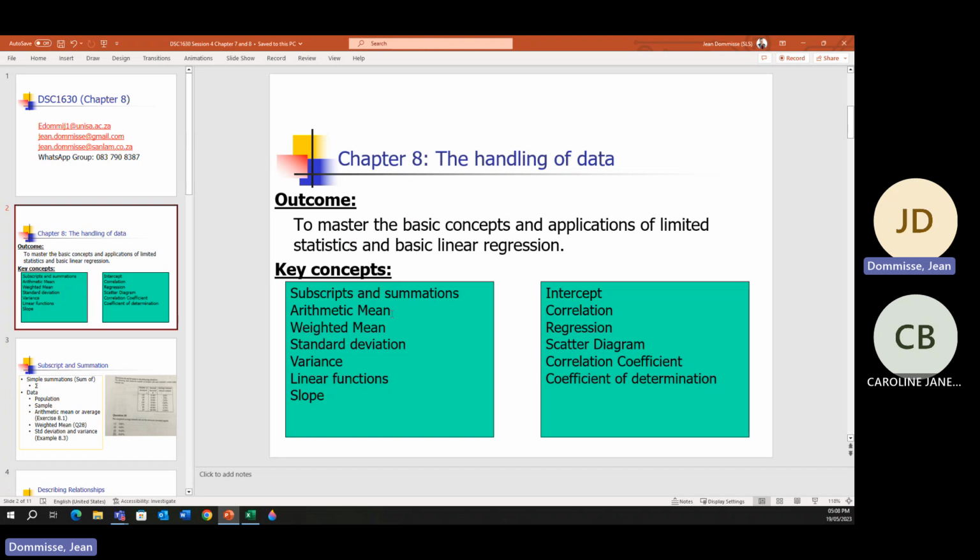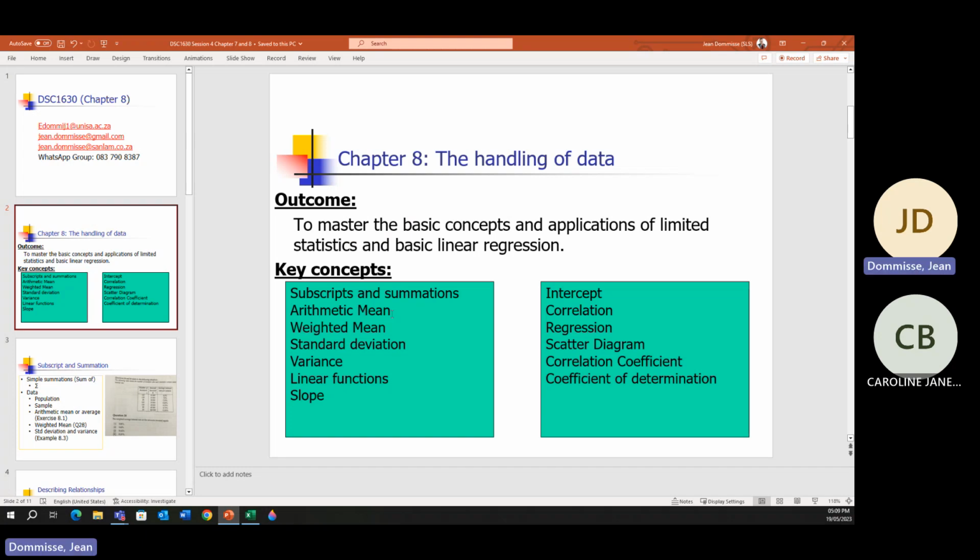Standard deviation and variance, you again will need to use either your calculator or Excel, so we'll look at that, and then we get into linear functions. On the linear function you will have a slope, and you will have an intercept. With the linear function, you can look at correlation or regression.